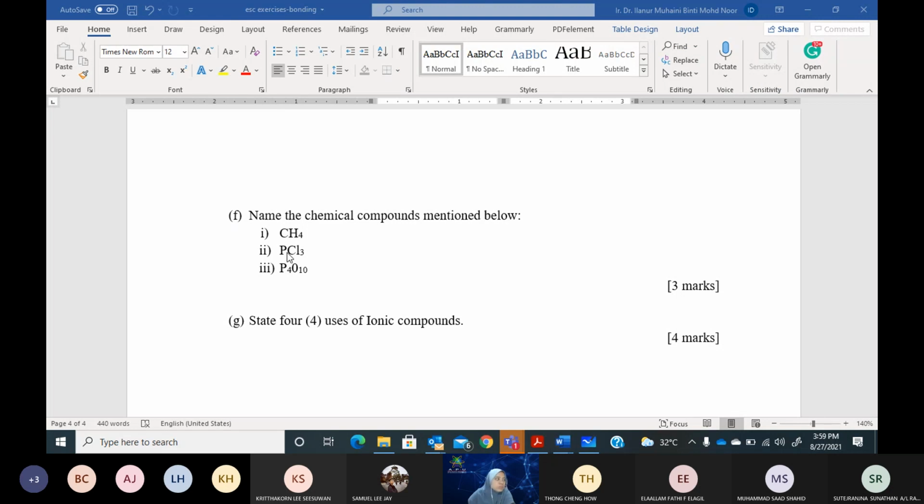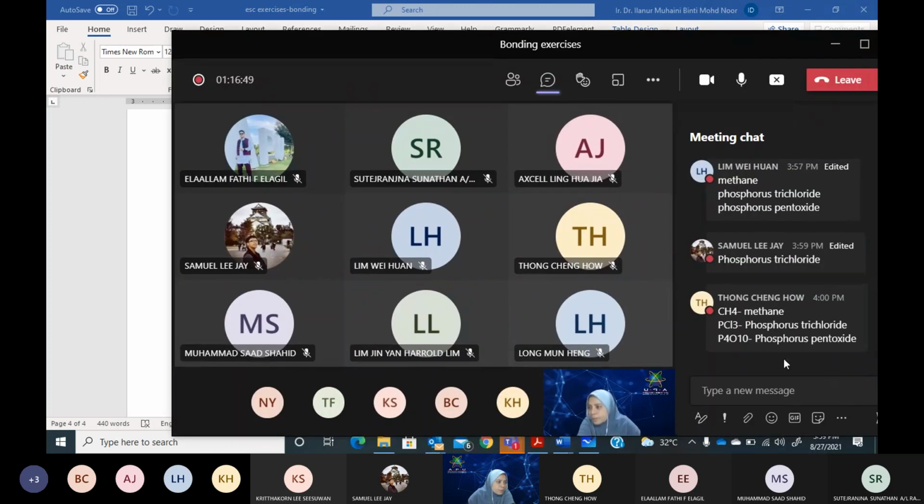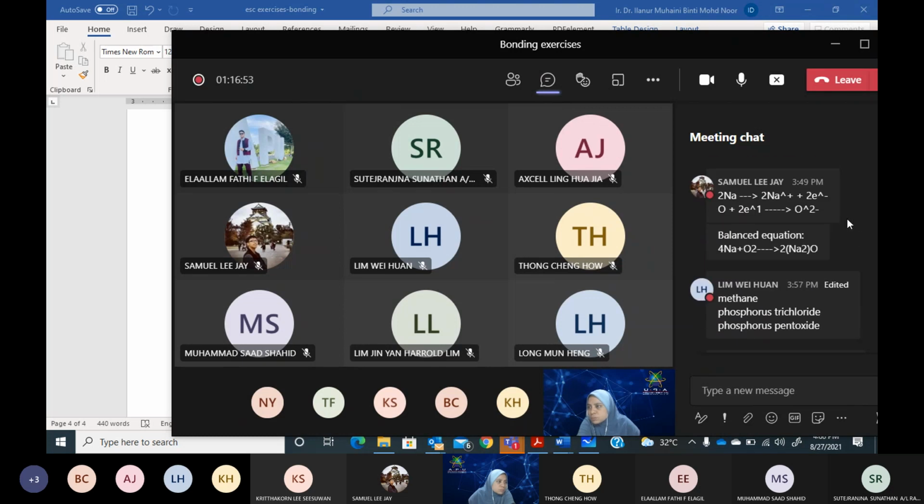Okay, next is phosphorus trichloride. Correct answer by Samuel and also Lim Wei Huan, also Tong Cheng Hao. Other students understand or not?